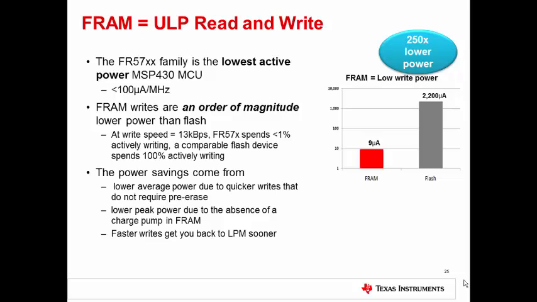By having much faster write times of 125 nanoseconds compared to EEPROM or flash, which can require milliseconds to erase and write, and not requiring a charge pump since FRAM only needs 1.5 volts to write compared to 12 or 14 volts for flash, FRAM can provide write operations which are an order of magnitude lower than flash. Adding an endurance of 100 trillion read-write cycles or greater, and it's easy to see why FRAM-based microcontrollers are a great option for many applications such as data logging.